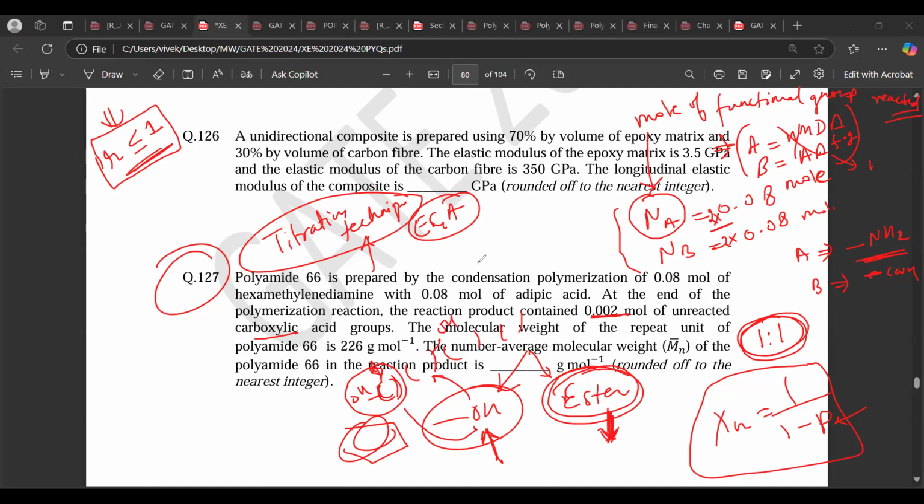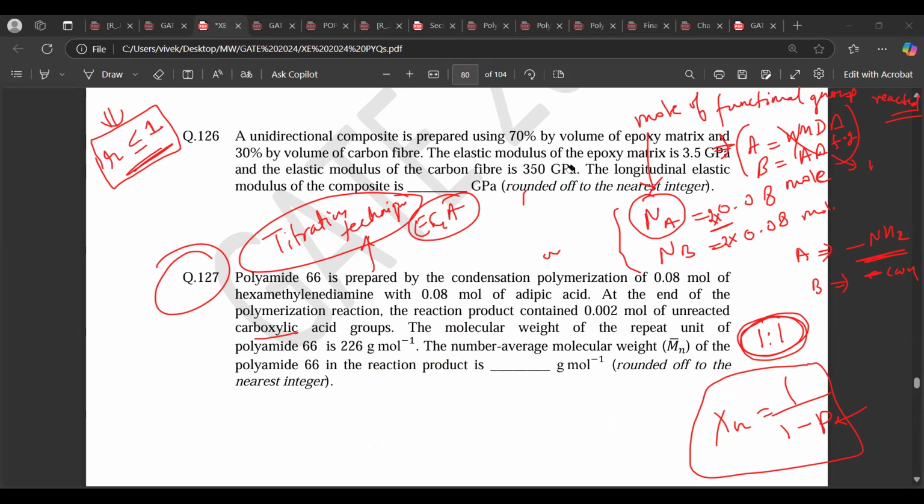Then I know that many COOH was available, and for each I know the molecular weight. I multiply that molecular weight with that many COOH, and then I know the total molecular weight. That is how we calculate molecular weight using end group analysis. I hope you all understand. I've already given this question in the test series, and also the detailed video solution in the drive. I hope you all remember it. So that is the idea.